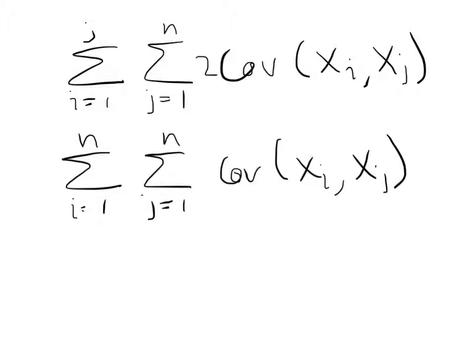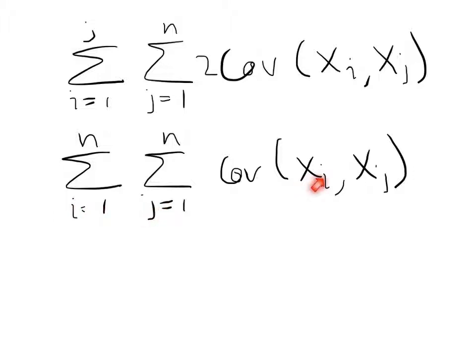Because what this is doing is it's saying start with i equal to 1 right here. And then with i equal 1, let's actually take the covariance of x1 with each of the other x's, j all the way up, from 1 all the way up to n. So you're taking the covariance of x1 with each of the others. Then you increment i up to 2, and then you do the same thing.